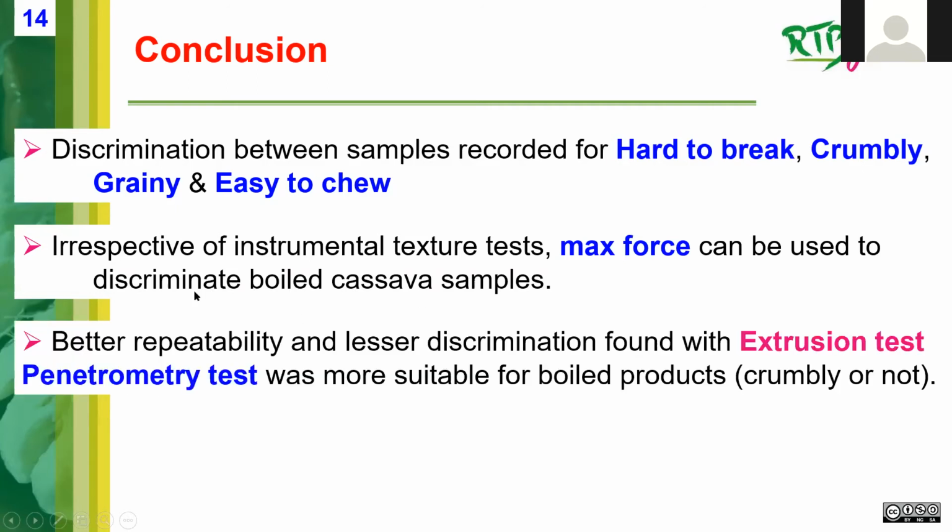We observe a better repeatability with extrusion force, although a lesser discrimination was also found with this test. However, we think that the penetrometry test was more suitable for boiled products, either crumbly or not.